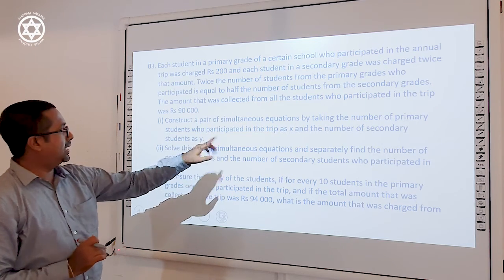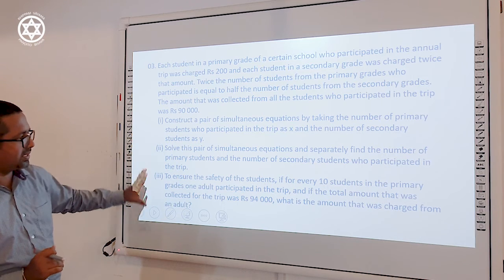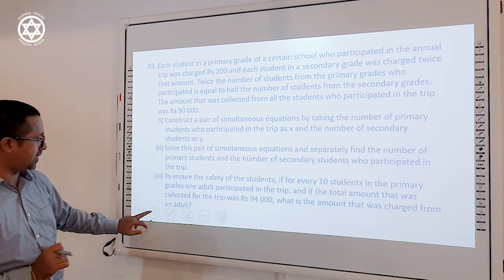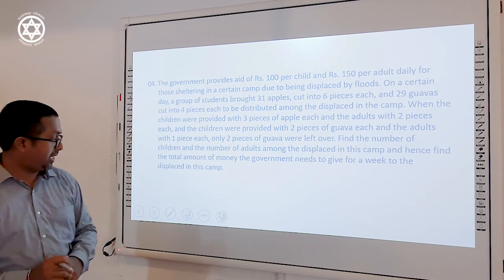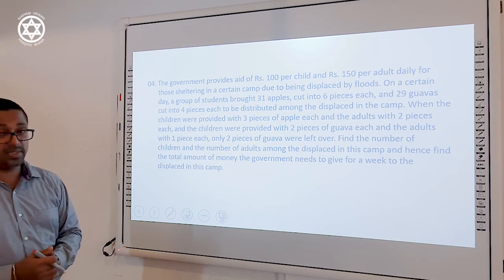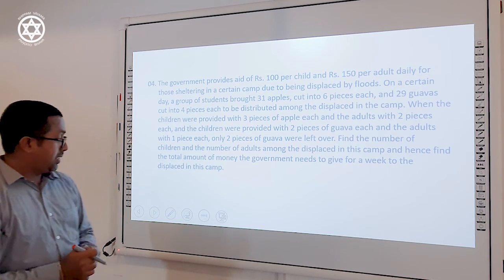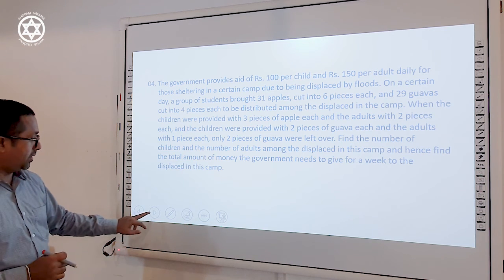The variables are also given, x and y. Then you have to make the equations, solve, and answer the given questions. This one is also the same. You can complete them as your homework, because we are staying home and you have more time.